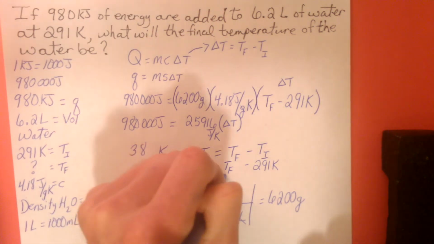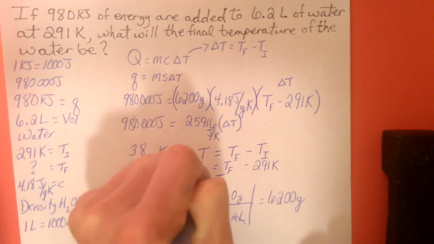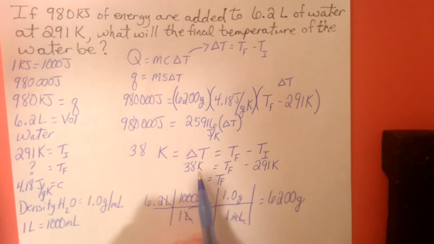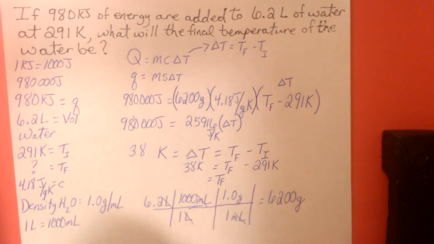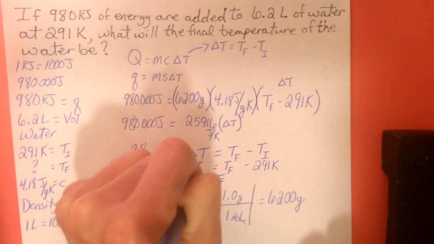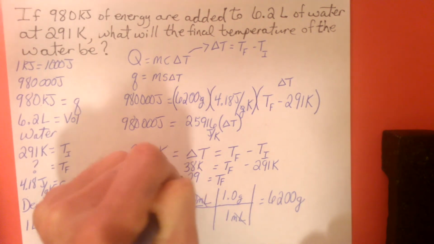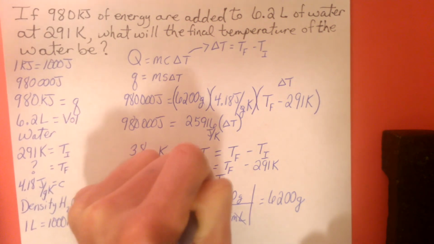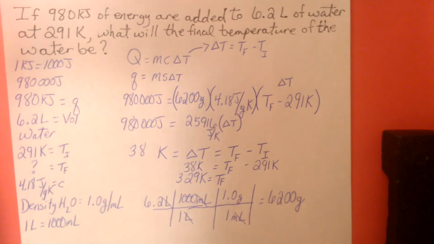So we can isolate, and we have a final temperature equal to, we bring this across, 38 plus 291. So we have a 9, and we have a 2 and a 3. So 329 Kelvin is what we have here. 329 Kelvin is our final temperature.